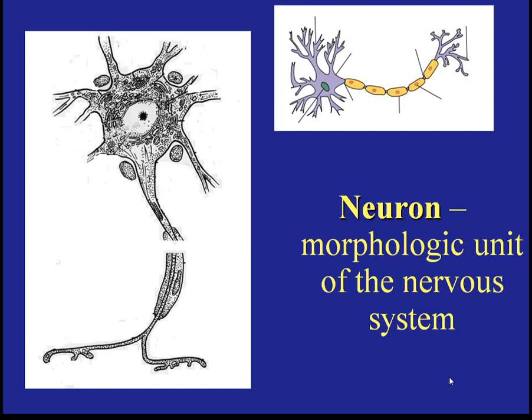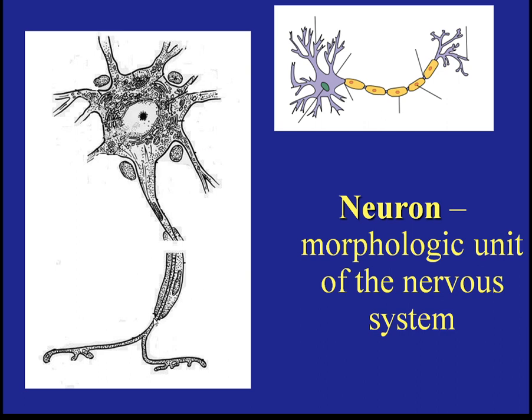Some words about anatomy, histology, and morphology. The morphologic unit of the nervous system is neuron. Every neuron consists of two parts, the body cell and extremities. We know two modalities of extremities. The first one is axon.